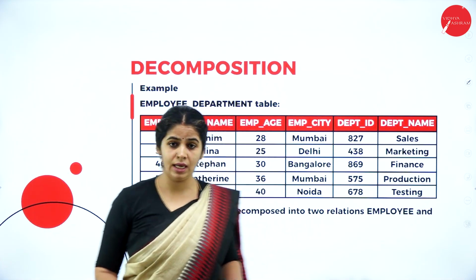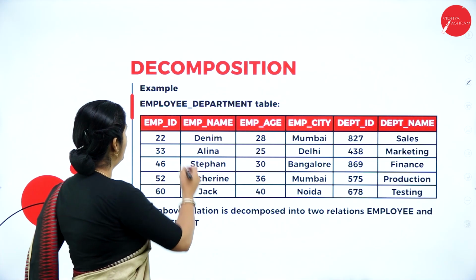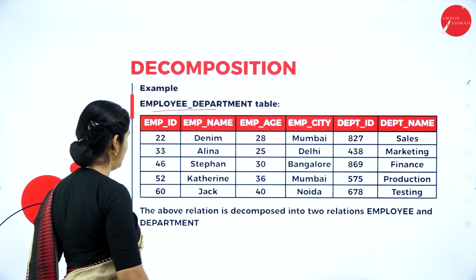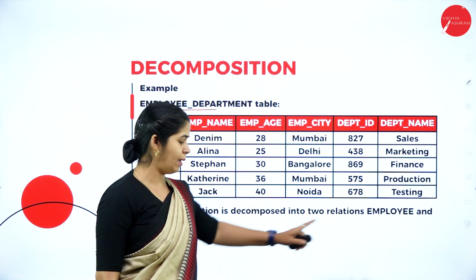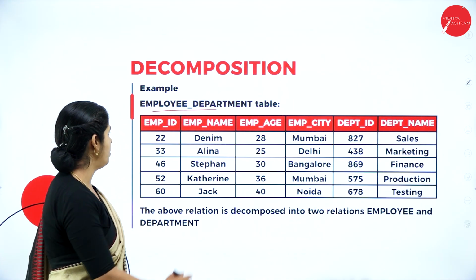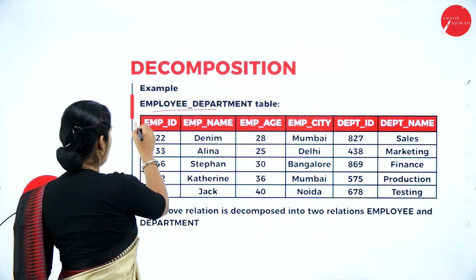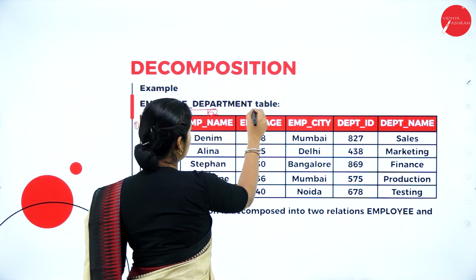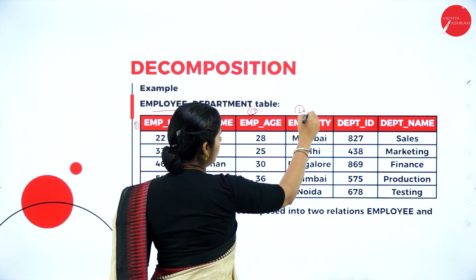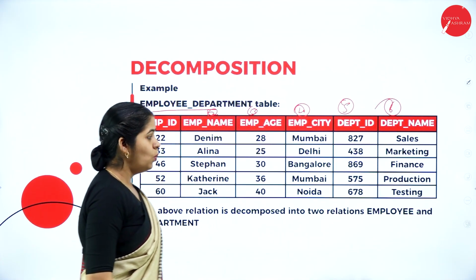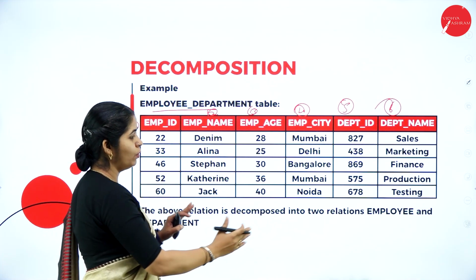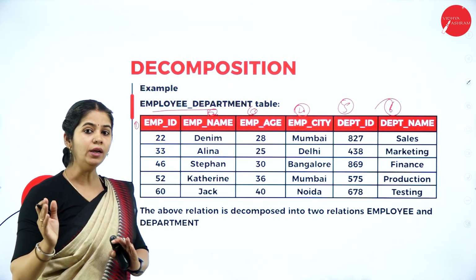So here we have an example. Consider the example employee department table. The above relation is decomposed into two relations, one employee and one department. We have 6 attributes, and we are dividing these 6 attributes into two different tables.